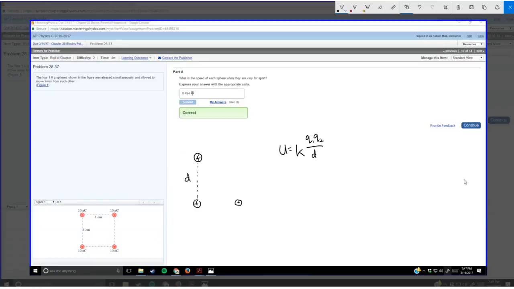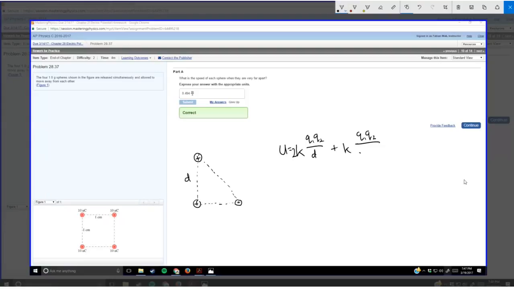Call that D. Okay, so this one, when I bring this in, this builds potential energy here, and it builds potential energy here. So now I have 2 of these, and I also have this one.